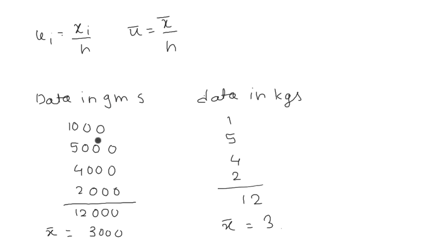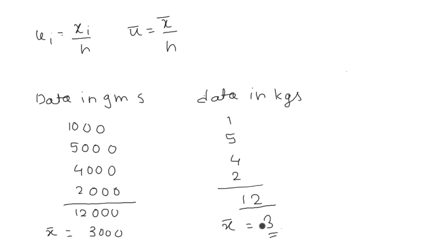So in order to convert grams into kgs, I need to divide by some factor, that is h equal to 1000. So 1000 divided by 1000 is 1. So I got the data in kgs like 1, 5, 4, 2. So the total is nothing but 12 and x bar is nothing but 3.